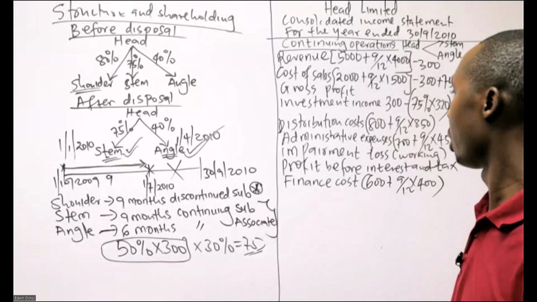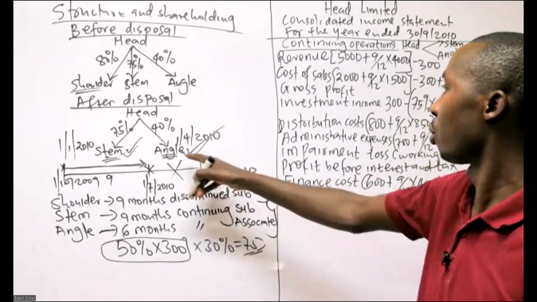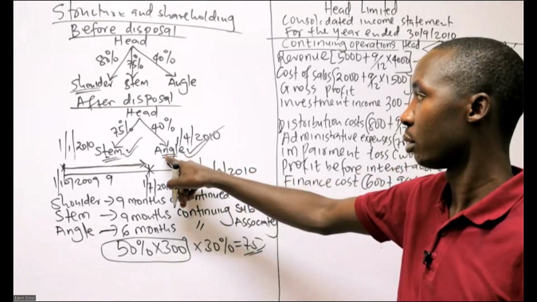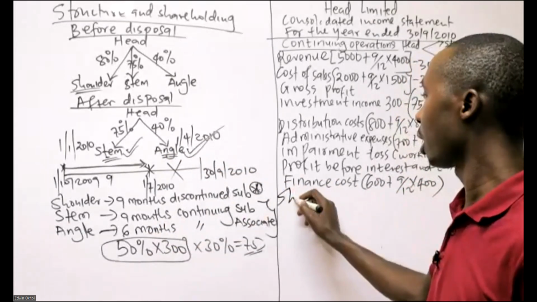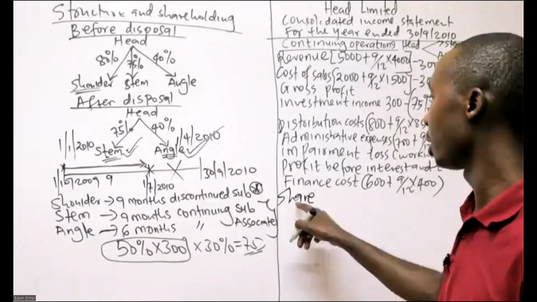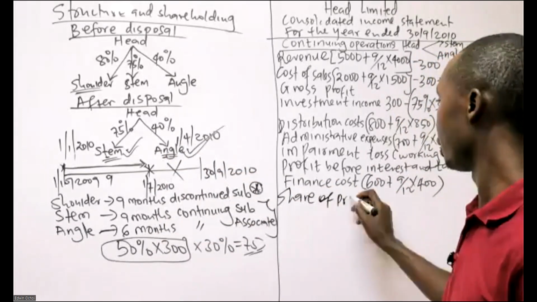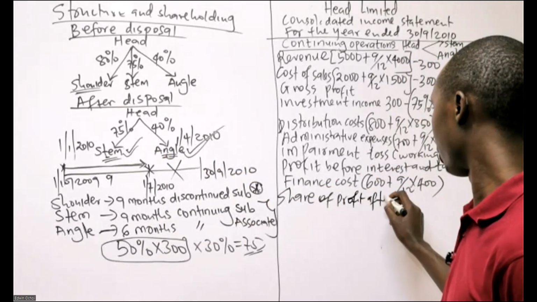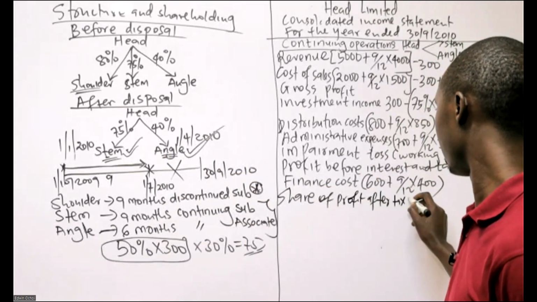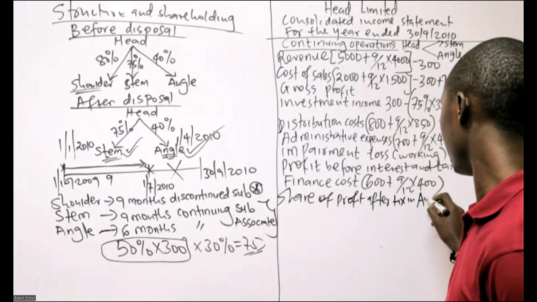And now, before I deduct tax, I need to consider what the parent was receiving from uncle for the 6 months. So the income from uncle, we say share of profit after tax in uncle.